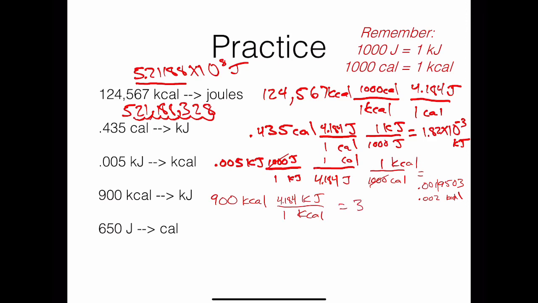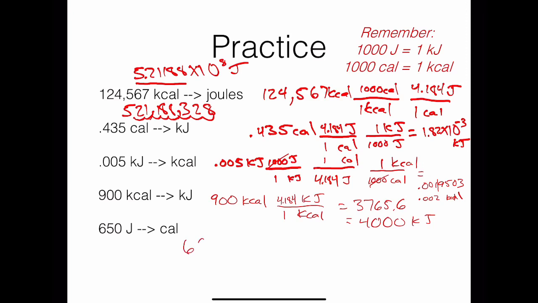This gives us 3,765.6. Again, one sig fig in my answer. So this would actually round this number up to 4,000 kilojoules. As long as I don't put a decimal point in that answer, only the 4 is significant.